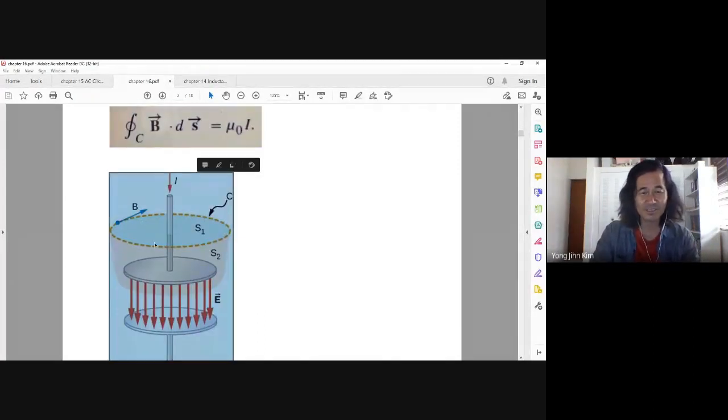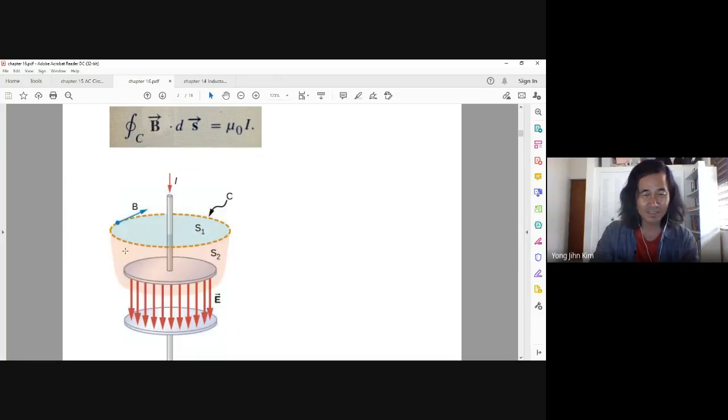For this curve C, we can have a surface S1 like this. This is the circle, bounded by curve C. But this curve C can also have a surface S2 like this bowl.